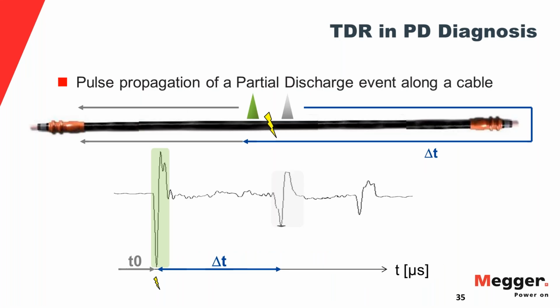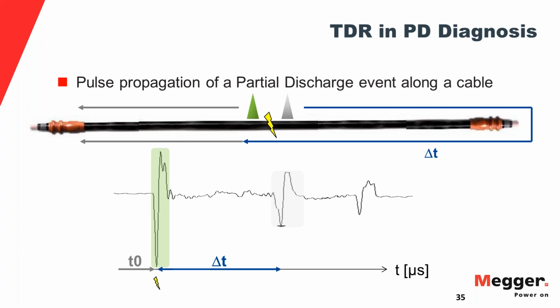And then, because that is always a question that we get, what does TDR have to do with PD analysis? Well, the main method of localization, and the only really reliable method that produces good results, is the so-called traveling wave method, or the pulse propagation method, which is kind of using TDR analysis to find out where the location of the PD source was.